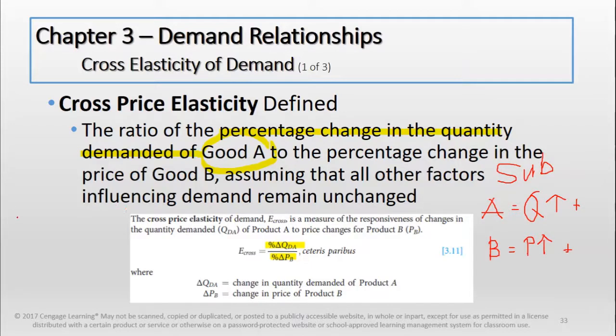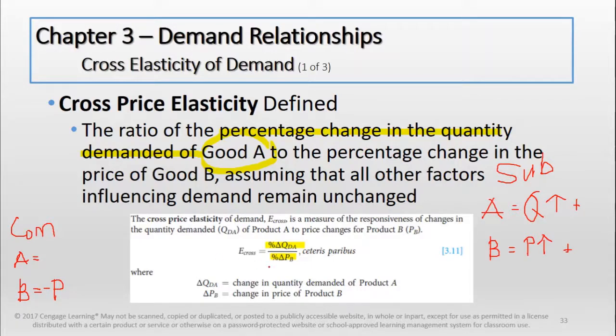Now, if the products are complementary, of course, it is the opposite. So, your product A and then B: if complementary, the change is negative.